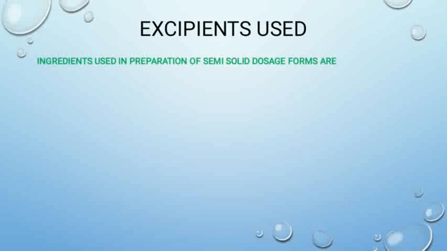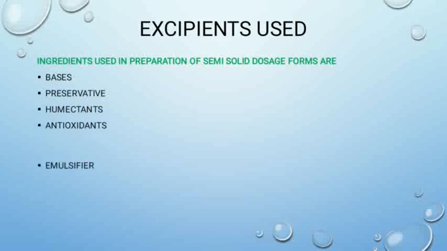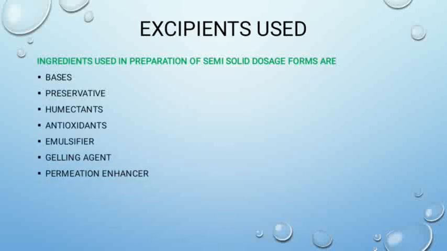Basically, the excipients included are bases, preservatives, humectants, antioxidants, emulsifiers, gelling agents, then permeation enhancers, buffers, and organoleptic agents. Now we'll be seeing all of these one by one.